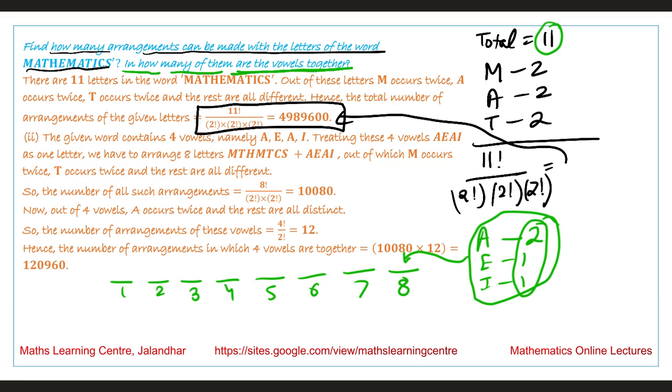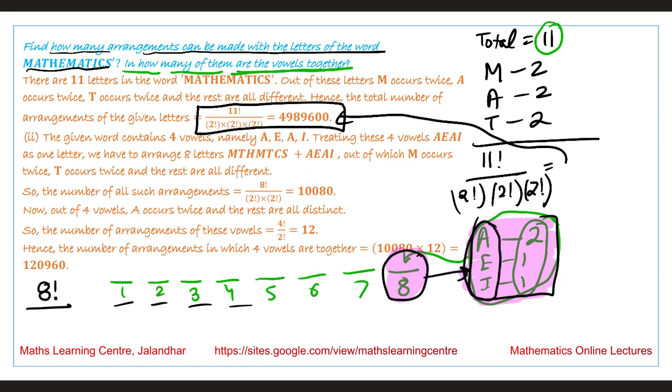Suppose these vowels are lying at the 8th position, then the number of permutations is 8 factorial divided by, now when we talk about these 8 alphabets, this 8th alphabet is not just one alphabet, it is a collection of all these alphabets. So again M and T are twice.